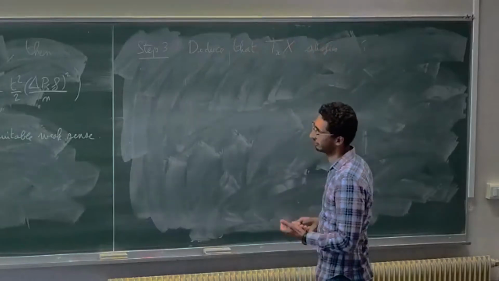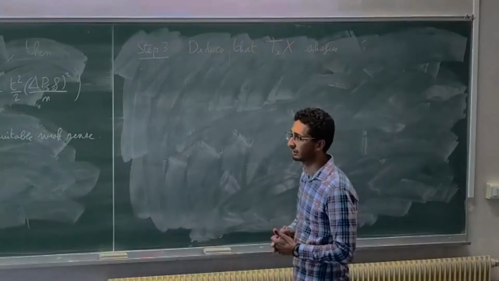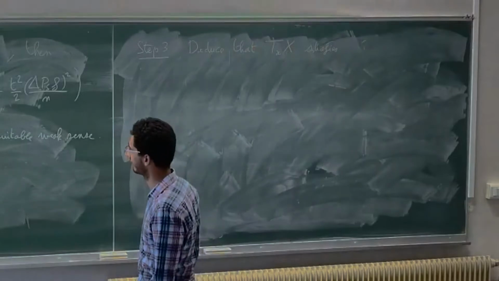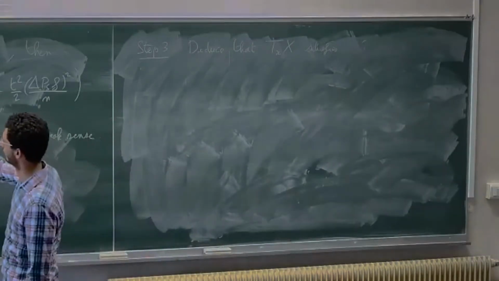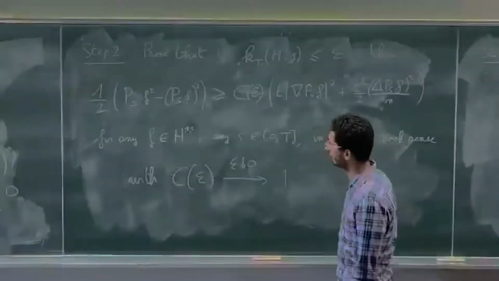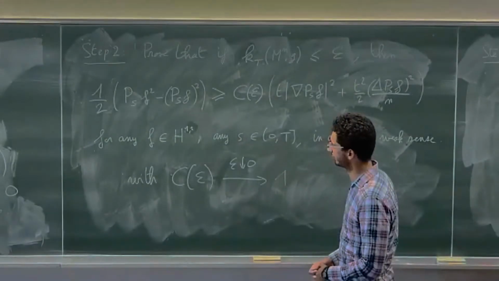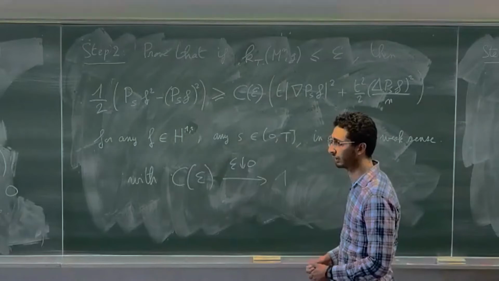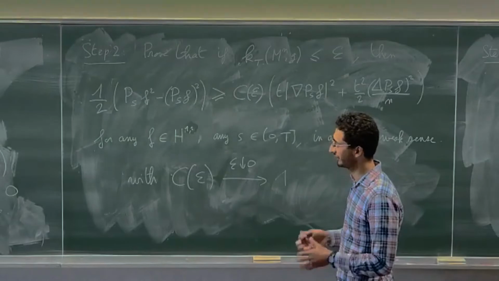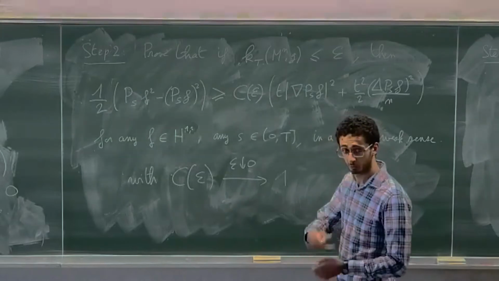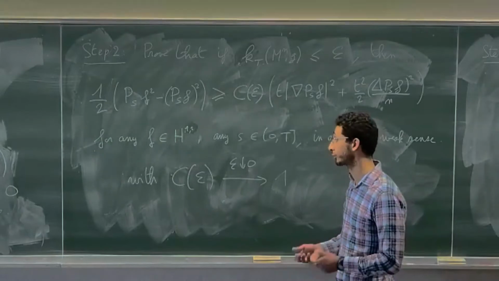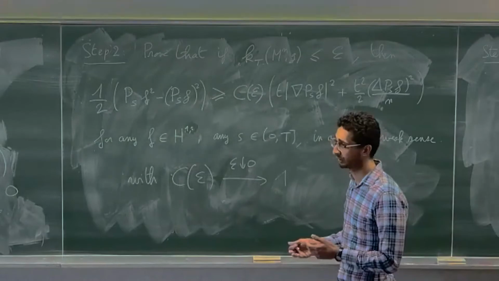Excuse me, David, there is a question in the chat about the meaning of this inequality. Okay, so maybe I should say right now. If you replace epsilon by 1, then you have the so-called Bakry-Ledoux estimates, and it turns out that these estimates are equivalent to the RCD(0,N) condition, by two works by Ambrosio-Savaré-Gigli and Erbar-Kuwada-Sturm.